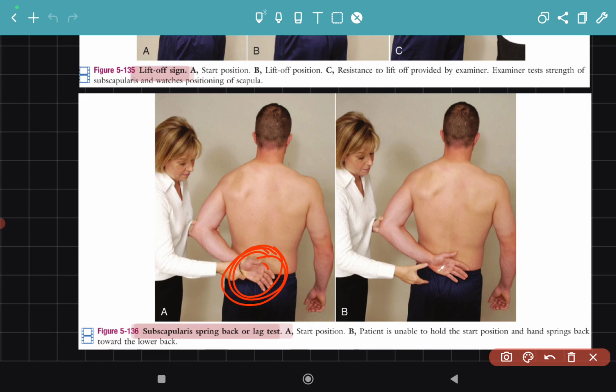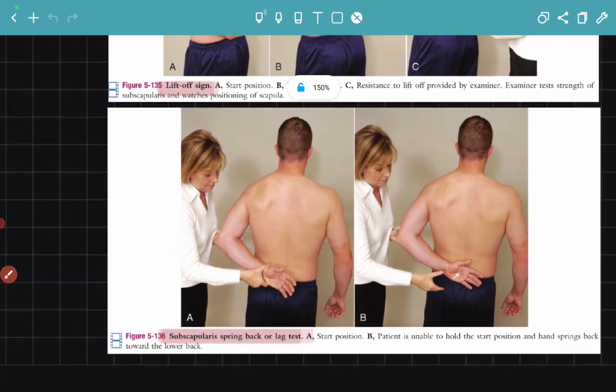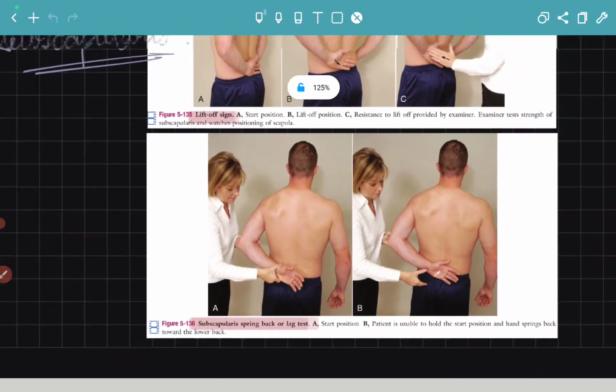The palm which was over here is trying to move this way, is going to the lower back. So that is the lag. The patient is not able to hold the position at this place. It will try to spring back to the lower back. If the test is positive, this will happen.